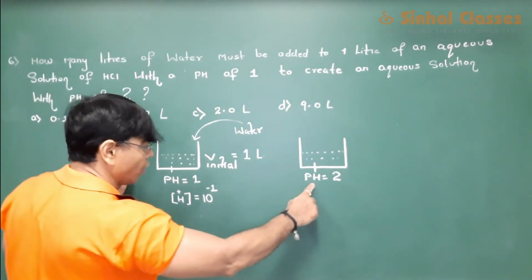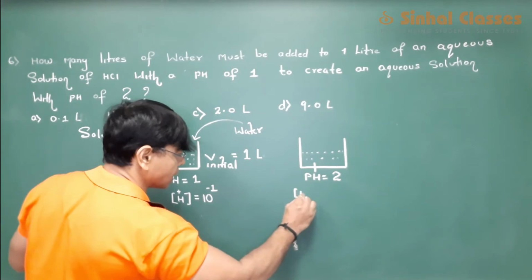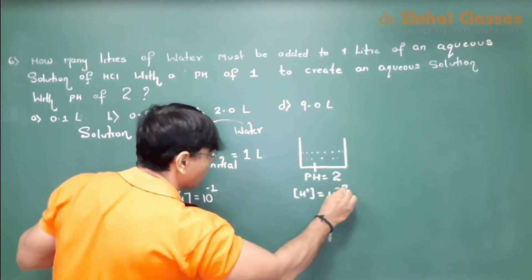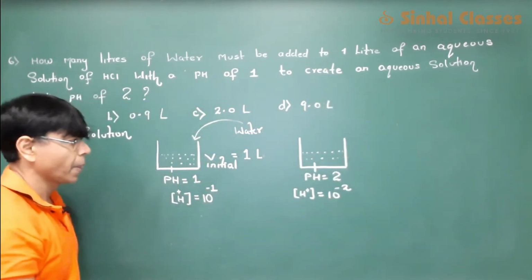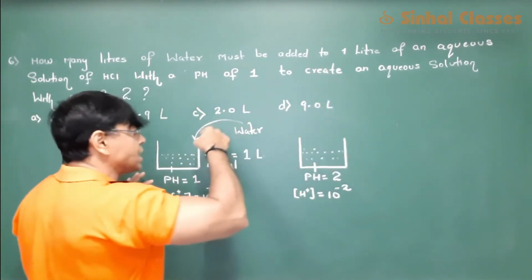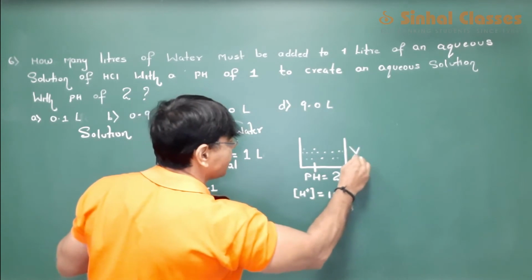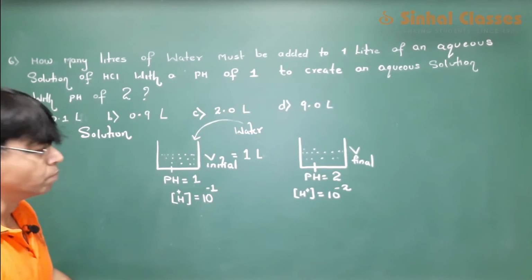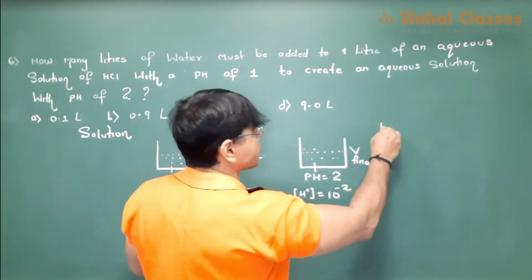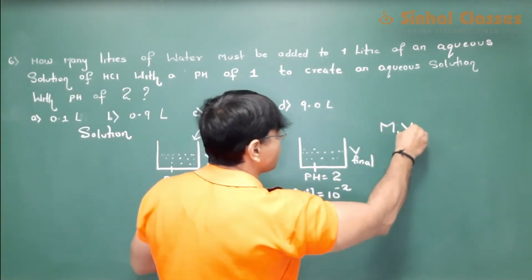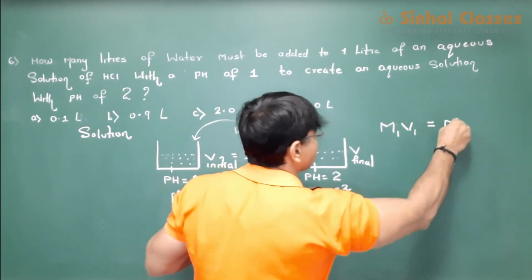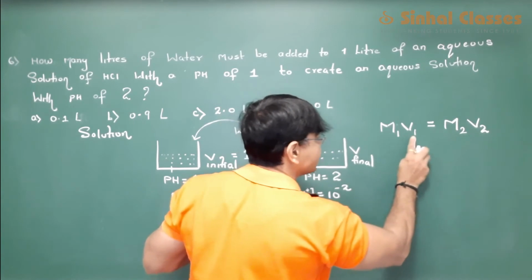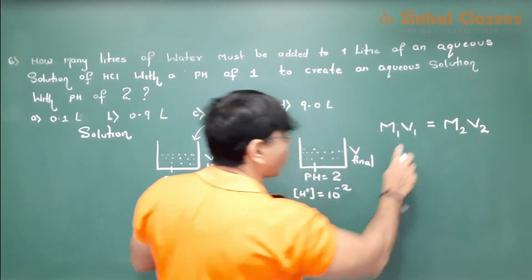Now I want to convert into pH 2, that means H plus concentration is 10 raised to minus 2. And we don't know, after adding this water, what is the final volume. So we take the equation M1 V1 is equal to M2 V2, where M1 and V1 are the initial concentration and volume.